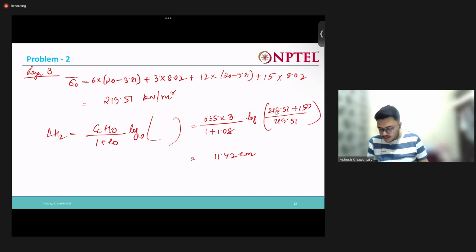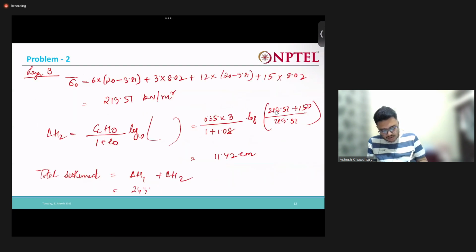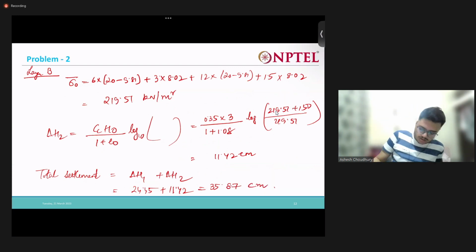So what will be the total settlement? Total settlement is nothing but H1 plus H2: 24.5 plus 11.42, which is 35.87 centimeters.